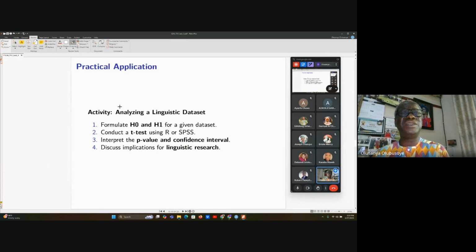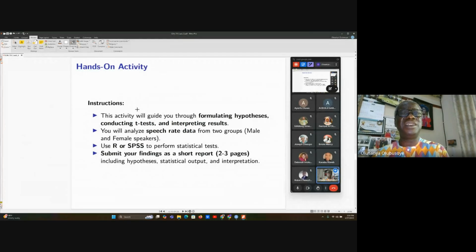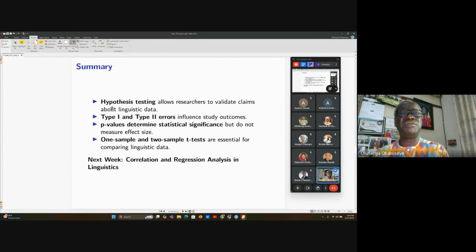So this is basically the summary of what we have learned today. Hypothesis testing, what is it? It allows researchers to make claims and validate the claim in linguistic data. Then your decision is liable to error.